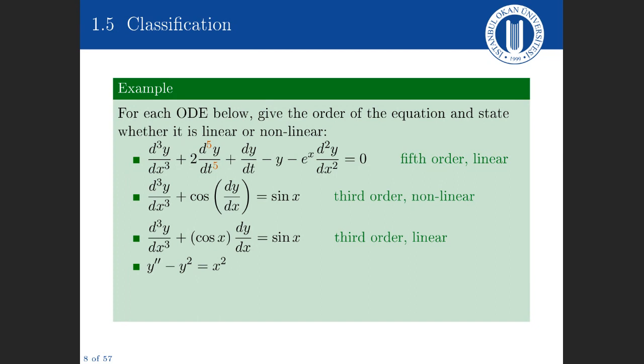This equation is a third-order linear ordinary differential equation. y double prime minus y squared is equal to x squared. Linear or non-linear?